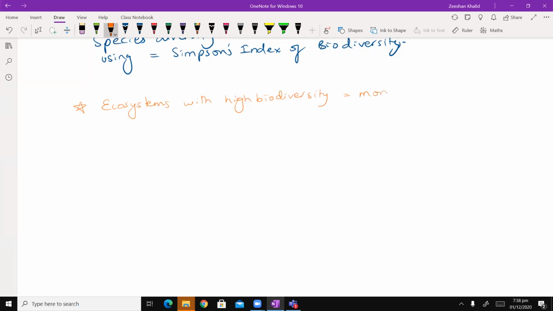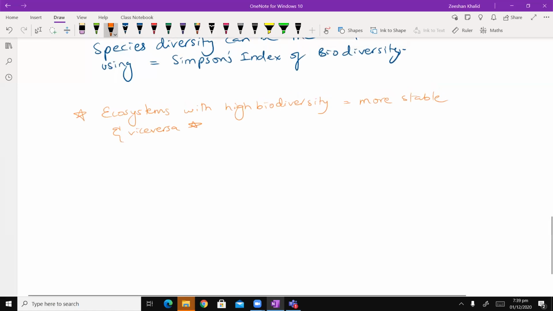What do I mean by stable? Stability in terms of their ability to survive harsh conditions, for example, predation, harsh temperature conditions, water scarcity, and so on. And the opposite is also true, that the ones which have low biodiversity are less stable, and vice versa. This is a very important point. We need to understand this.